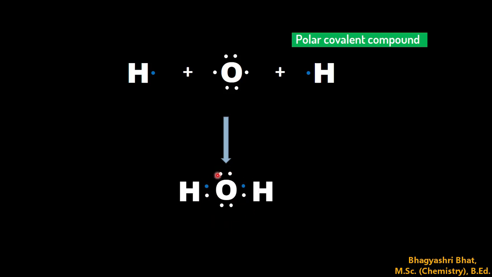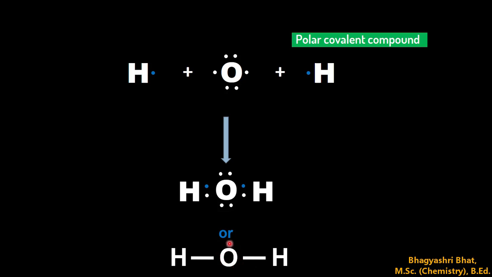Now you can count, there are totally 8 electrons around oxygen. Hydrogen, by sharing its 1 electron, attains the duplet structure. Since a pair of electrons is shared between H and O, again H and O, a single covalent bond is present between O and H. Again, oxygen is more electronegative compared to these two hydrogen atoms, so the shared pairs of electrons are pulled towards oxygen.